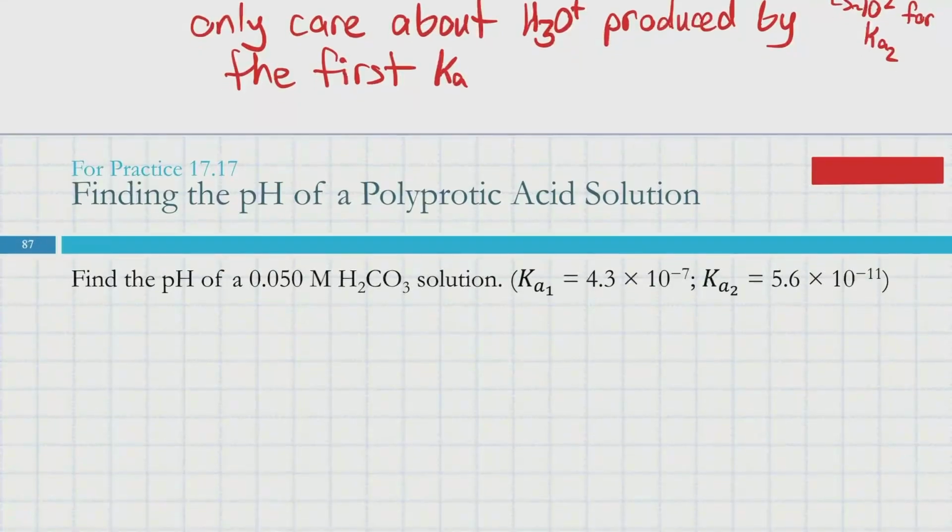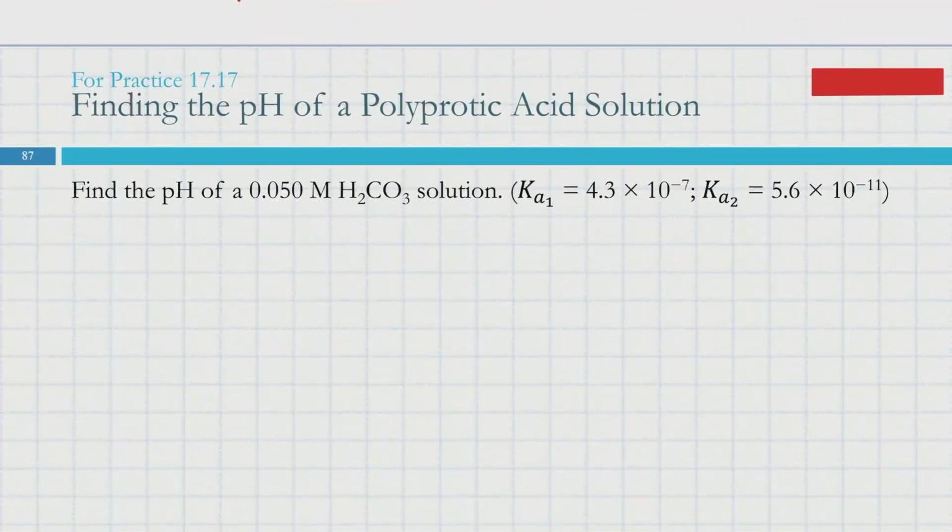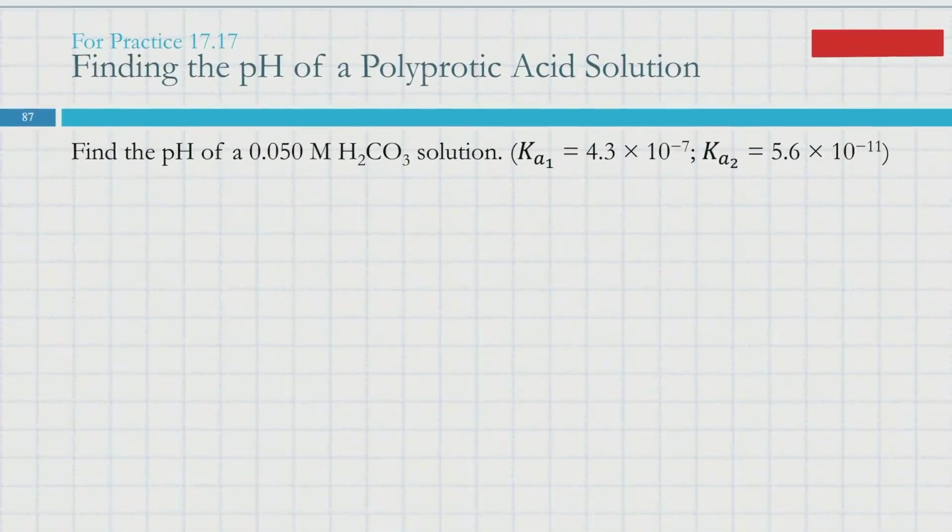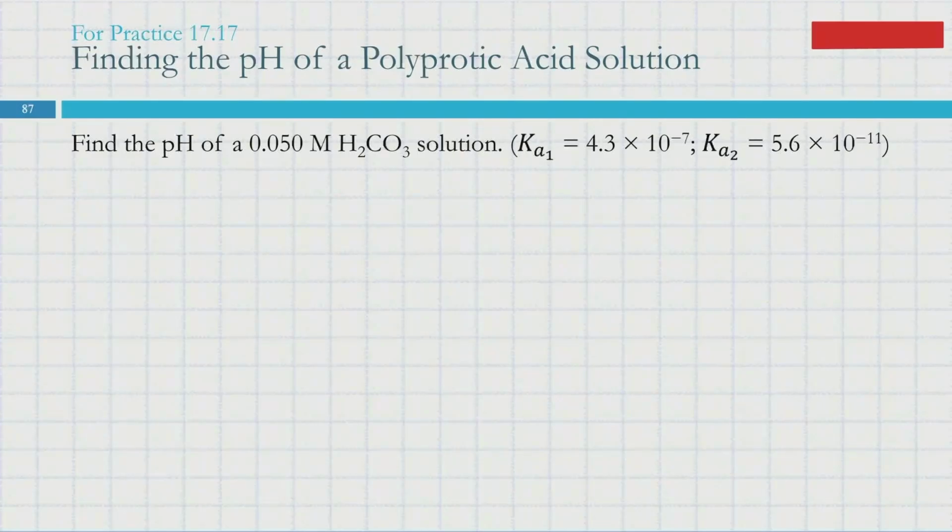All right, we want to find the pH of a 0.50 molar carbonic acid solution. So some things that would be helpful, we want to write out our expression for Ka.